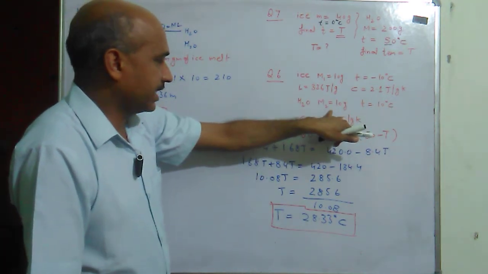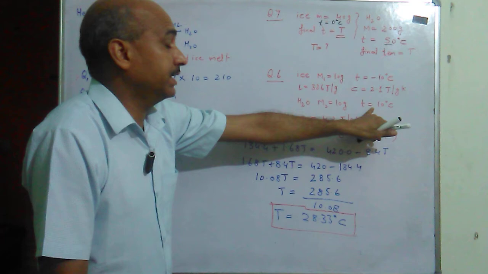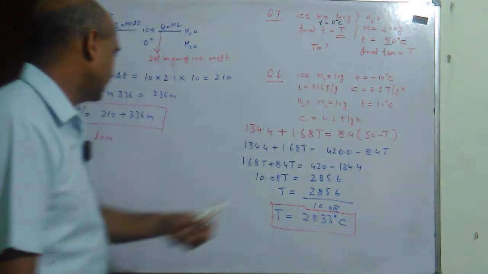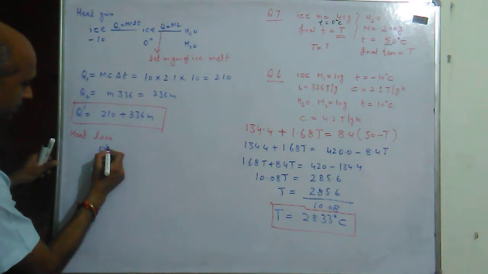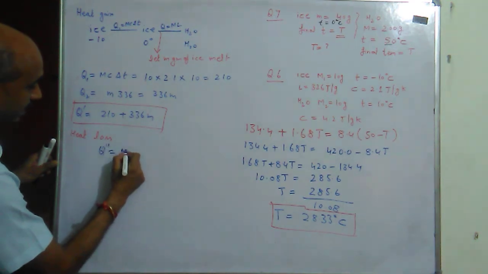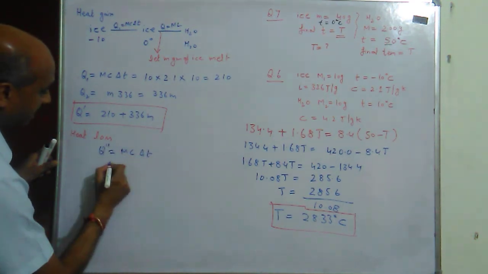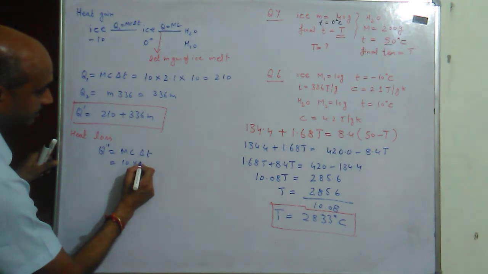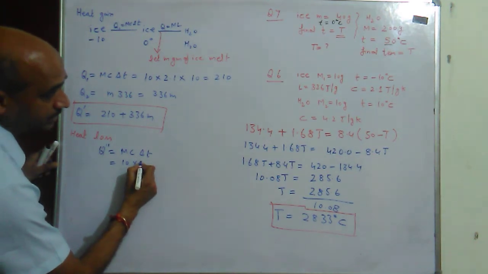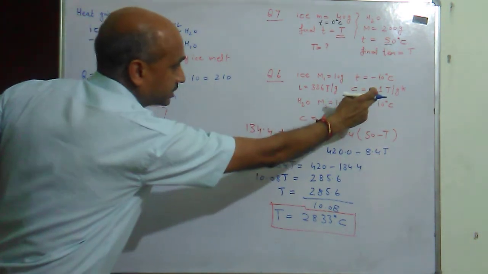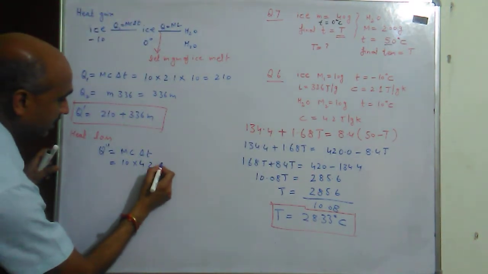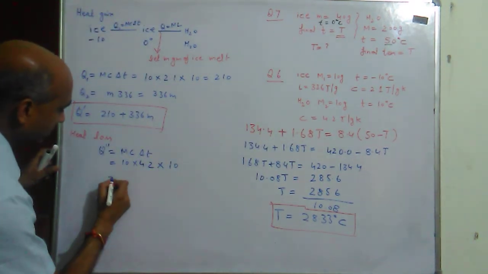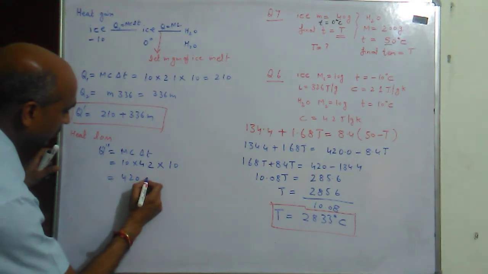The water is 10 grams, and its temperature is 10 degrees Celsius, so it goes to 0 degrees. So Q double dash equals mc del T. The mass of the water is 10 grams. The specific heat capacity of water is 4.2, so put 4.2 here, and the change in temperature will be 10 only. So this will be 420 joules.